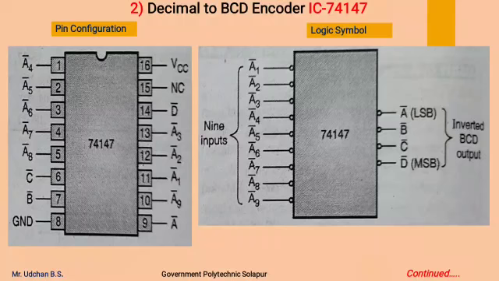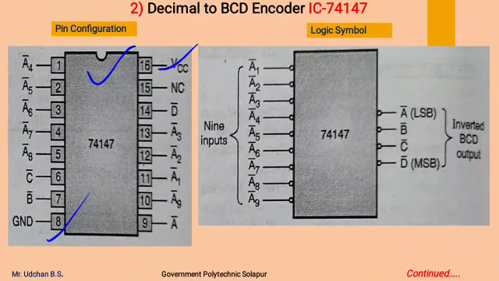Now we will see the decimal to BCD encoder IC, that is IC 74147. This is the pin configuration of the IC, which has 16 pins from 1 to 8 and 9 to 16. To pin 8 a ground connection is given, to pin 16 a VCC connection is given.